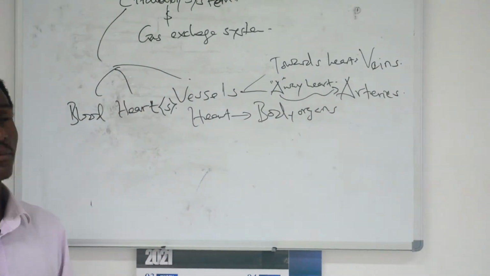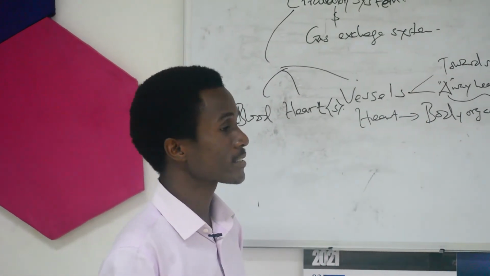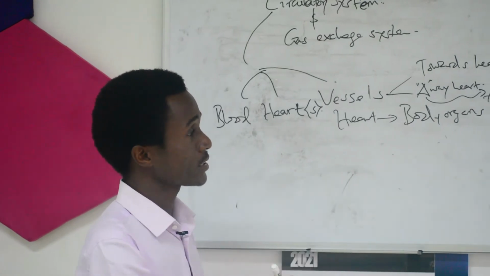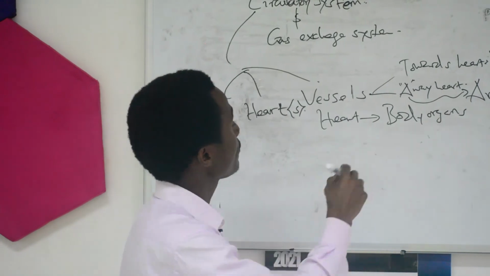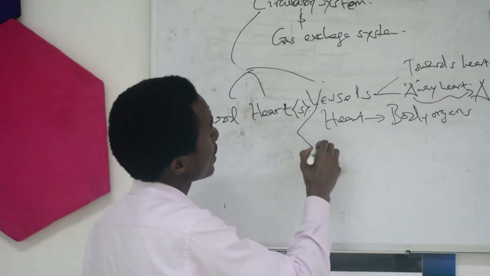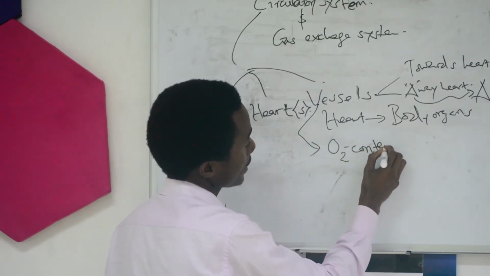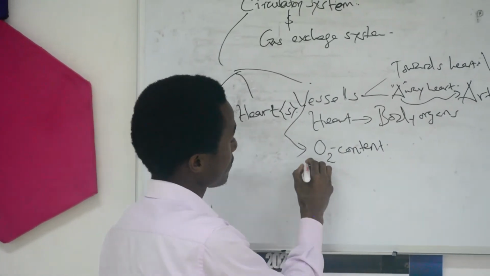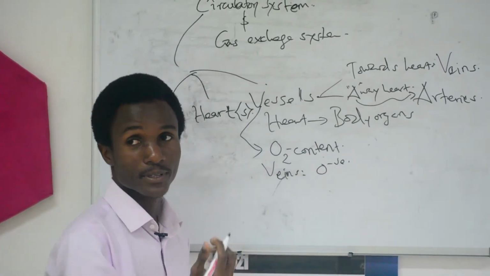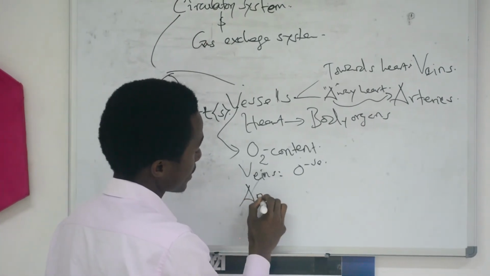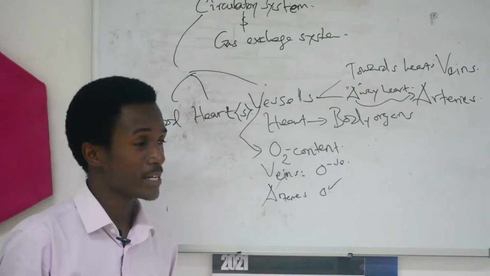It is very appropriate to classify the two blood vessels in accordance with the direction in which they send blood. Because if you define blood vessels according to the oxygen content they carry, if you say that veins carry oxygen-less blood and arteries carry oxygen-rich blood, it would be misleading.